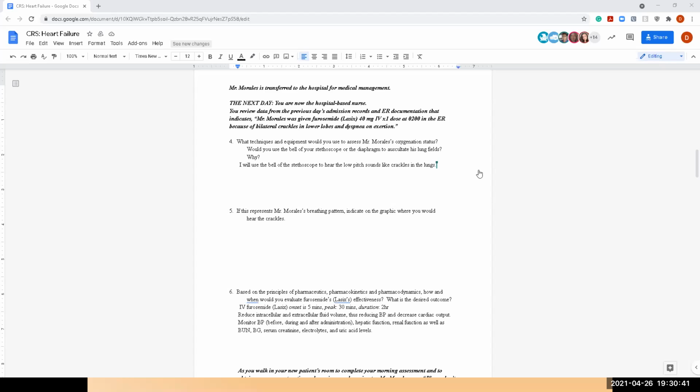So you're saying they're high pitched, so you want to use, would it be dependent if they're coarse crackles or fine crackles? Yeah, because they can be. Yes, that's true. As there's more fluid in there, it's obviously going to sound different.